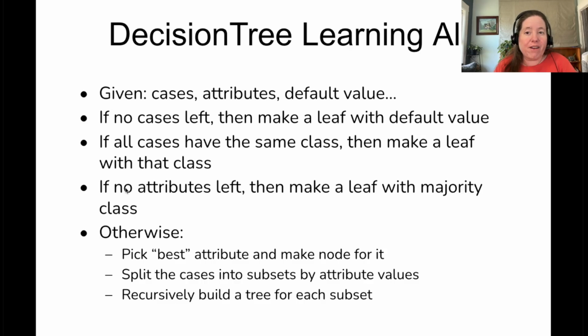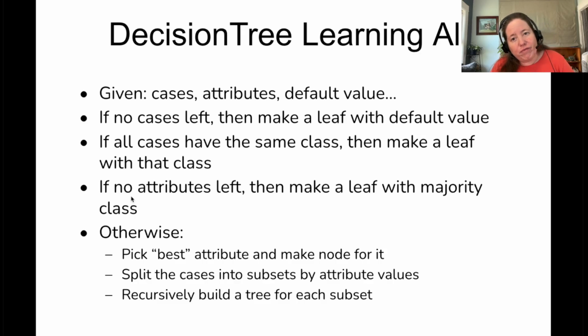So if you run out of attributes, it means that the cases you have are inconsistent in their answers. You don't have all yeses, you don't have all nos, it's a mixture. And that means we don't have enough attributes to distinguish these cases from each other.